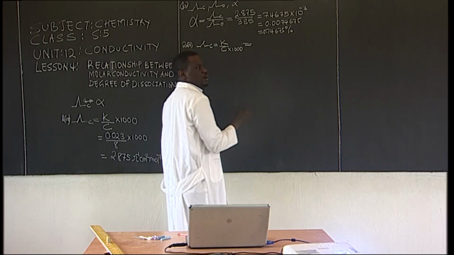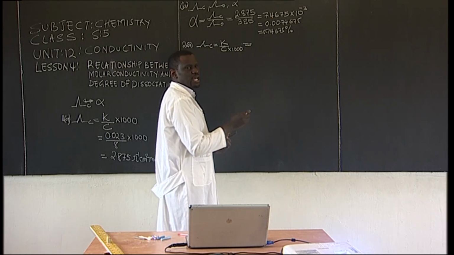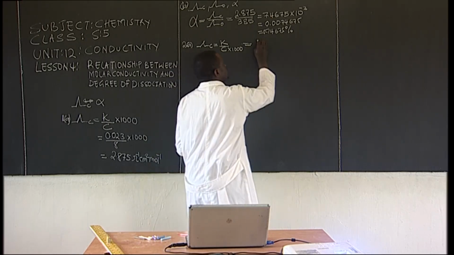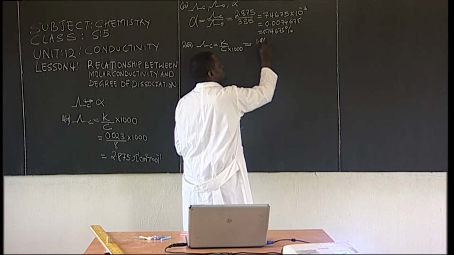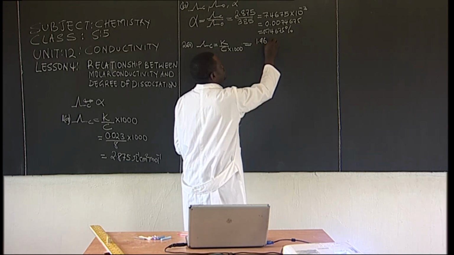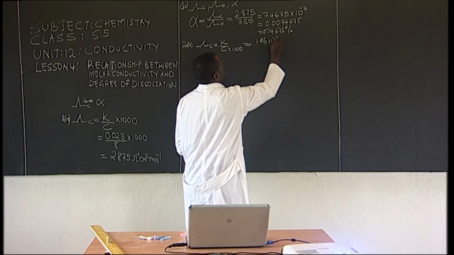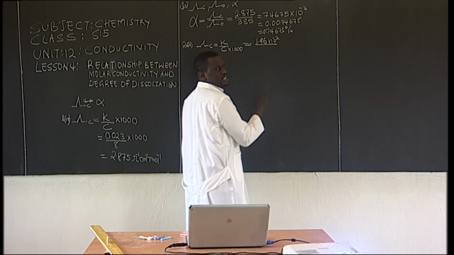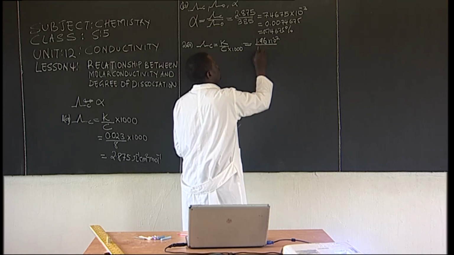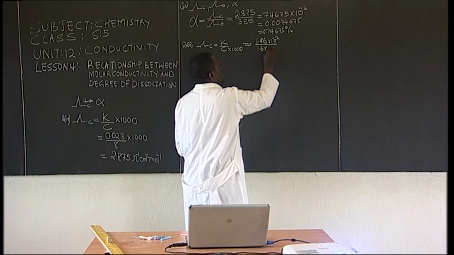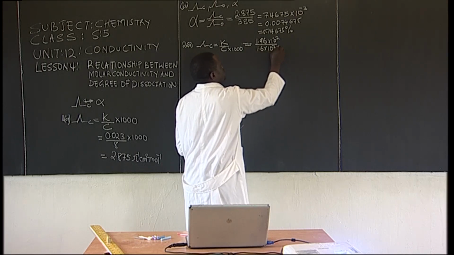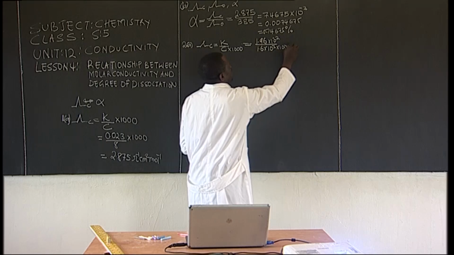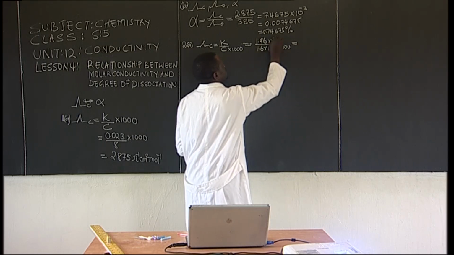So we have our K as 1.96 times 10 to the power negative 2 divided by C, which is, you can tell me and we move faster, 1.6 times 10 to the power negative 2 times 1,000. So if we are a mathematician, we can cancel these two.